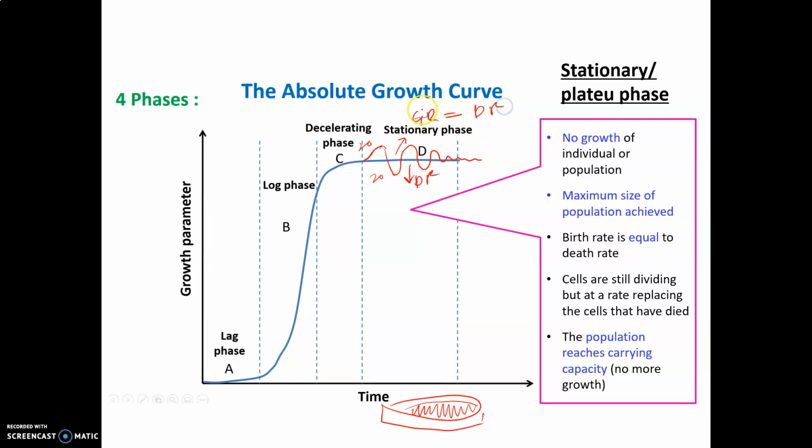Okay, disebabkan let's say ada 20 individu yang baru bertambah, 20 baby bakteria baru bertambah, ada pula 20 atuk bakteria yang baru mati. Now basically dia sama je lah, the number of individual remain the same. So basically disebabkan adanya birth rate and is equal to the death rate. Maximum size of the population has been achieved. Okay, the cell are still dividing tetapi at the rate of replacing the cells that have died. Ini yang dikatakan birth rate is equal to the death rate.